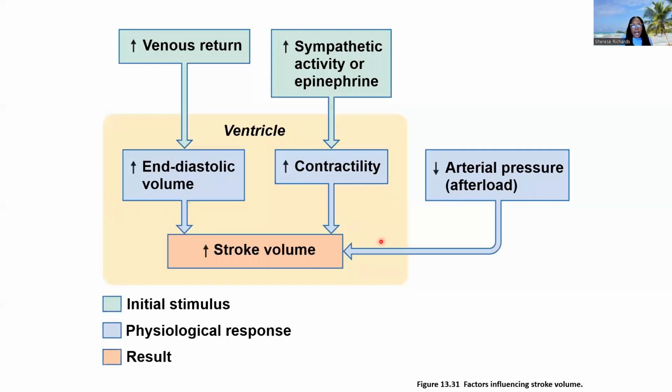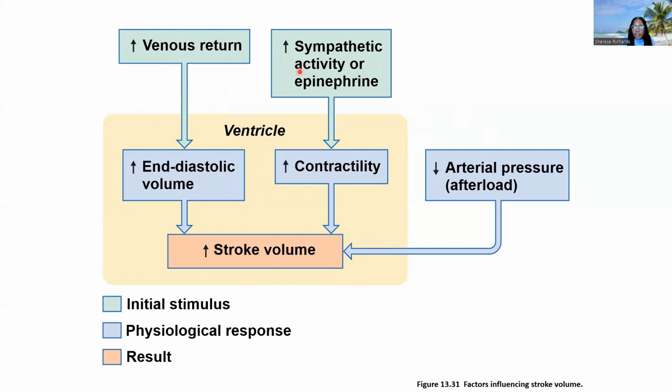All right. Now, this last illustration here is just showing how all of these factors influence stroke volume. So increased venous return, an increase of blood coming back to our atria and then subsequently our ventricles, will increase our end diastolic volume, therefore it will increase our stroke volume.